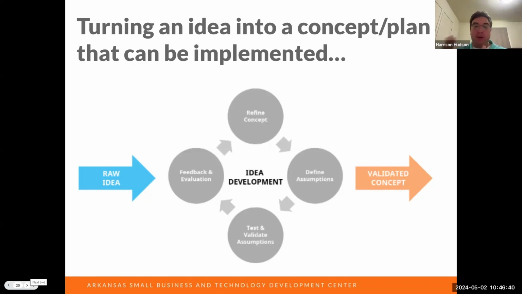Anyway, in this idea development cycle you see in the middle, you have your raw idea, and you're placing it into this proving ground with potential customers. This is also a way to identify your customers and those different stakeholders at different parts of the process.